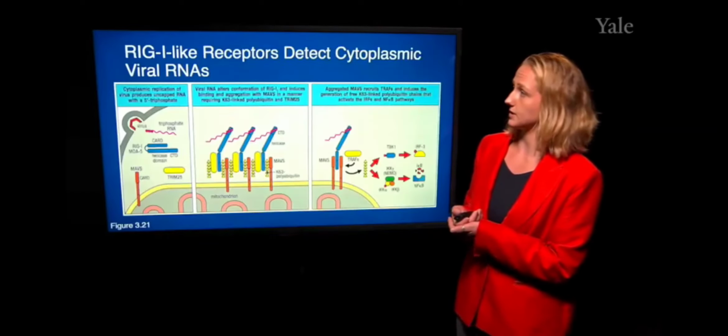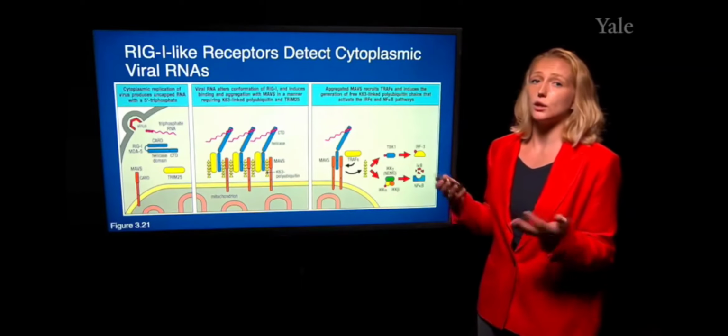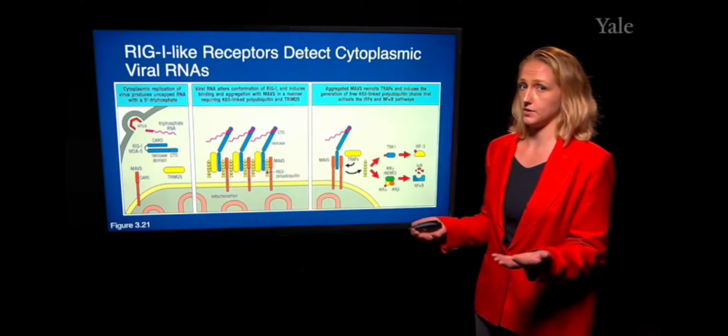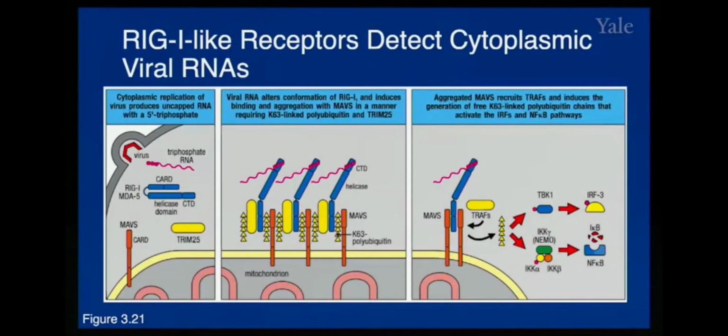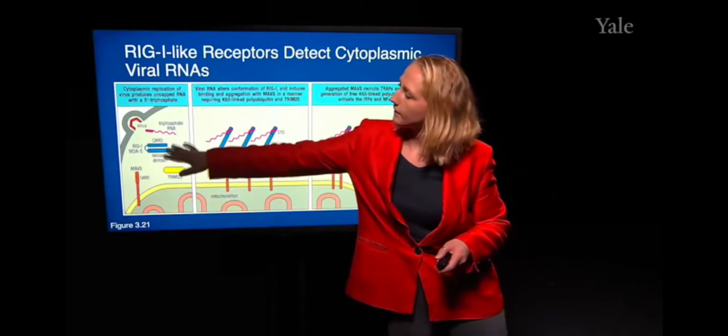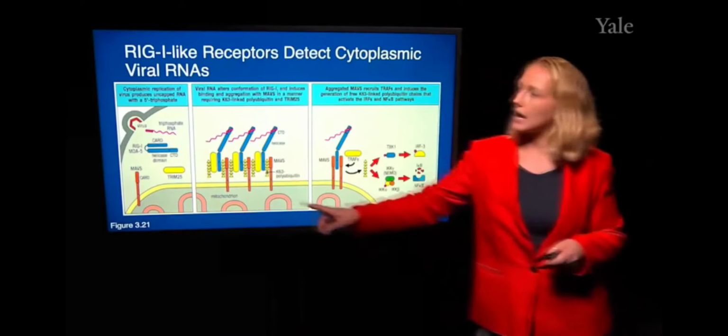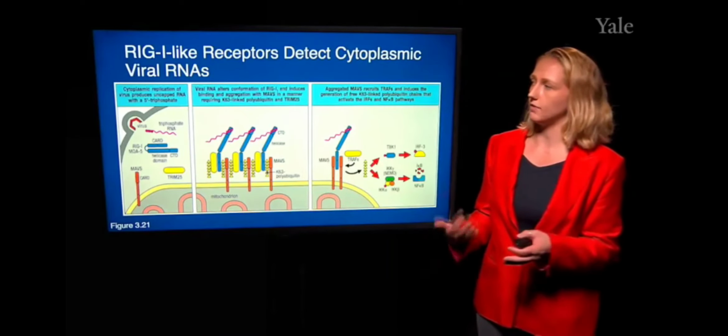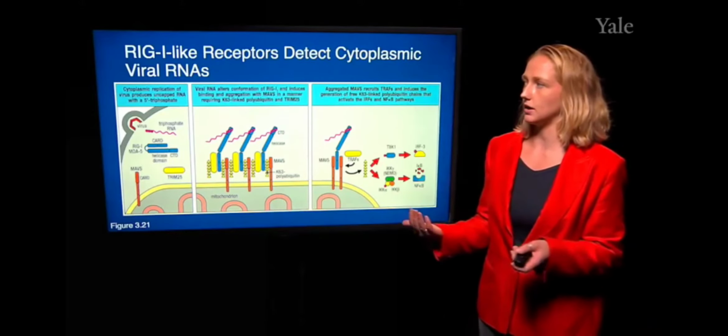So one big family that produces type 1 interferons are called RIG-I-like receptors, which detect cytoplasmic viral RNAs. Here, there's cytoplasmic replication of a virus, and this leads to uncapped RNA with a 3' triphosphate.